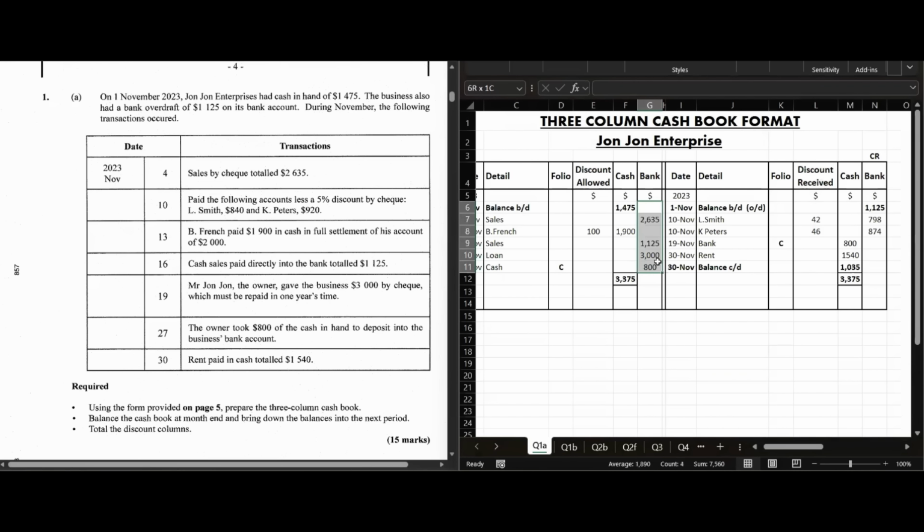On the debit side, total 7,560. On the credit side, total a value of $2,797. So again, the lower value is on the credit side. We must subtract the smaller side from the large side to get our balance carried down value. So let's work with the large side.